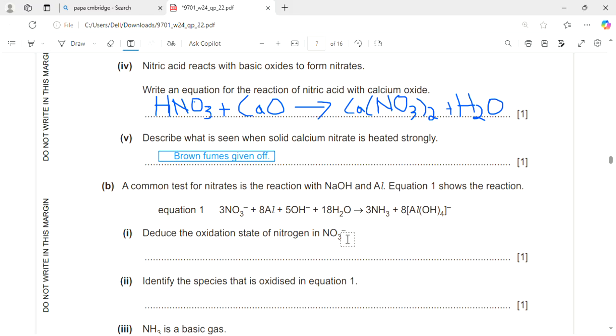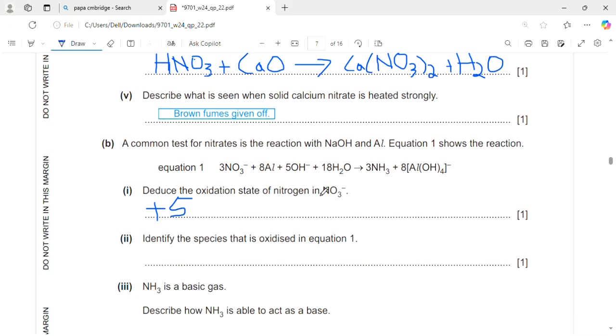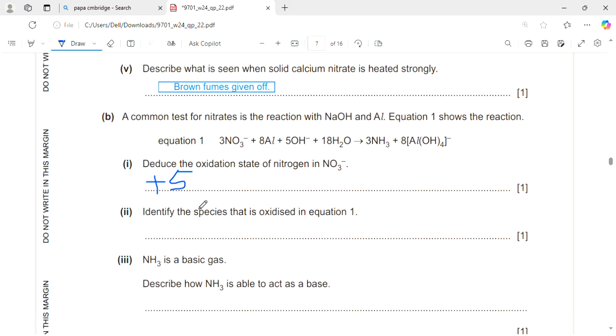So +6 -1 is +5. The oxidation state of oxygen is -2, which gives -6. After I move it, it is +6 minus this -1. So we get +5 as the oxidation state of the nitrogen.